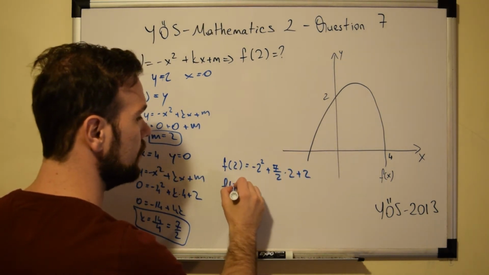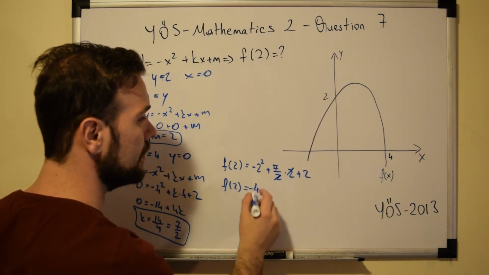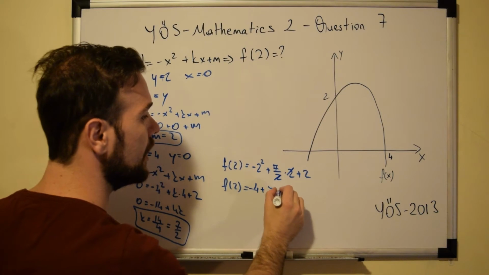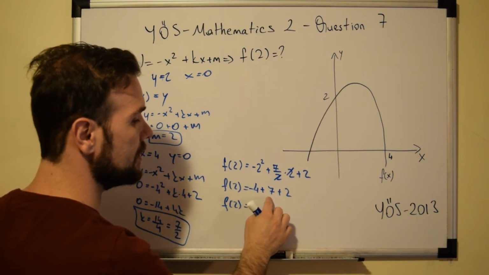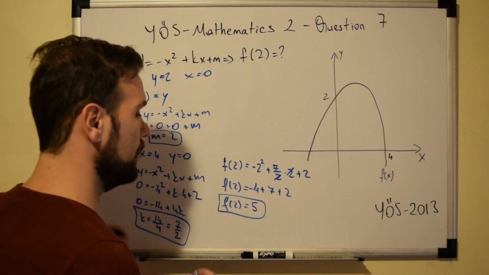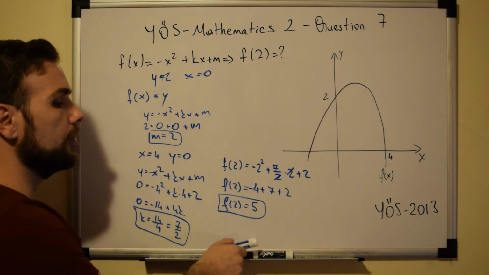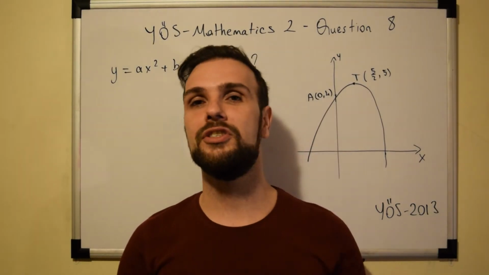So f(2) is equal to minus 4, these cancel each other, so we have plus 7 plus 2. So f(2) is equal to minus 4 plus 7 is 3 plus 2 is 5. As you can see, we were able to find the value of f(2), which is something that is asked in this question.